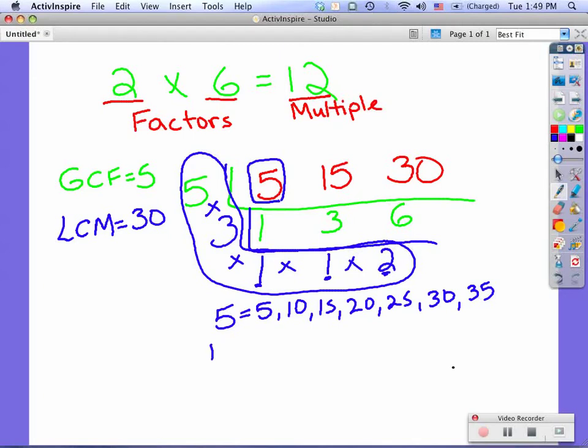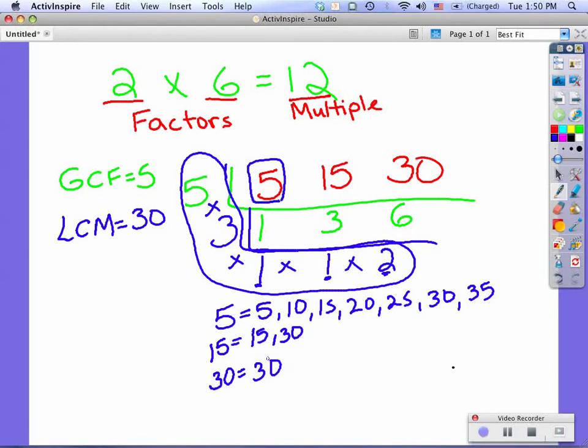And then we have 15. My first few multiples of 15 up to 30 are what? 15 and 30. And then my multiples of 30 are 30. So let's look at these numbers.